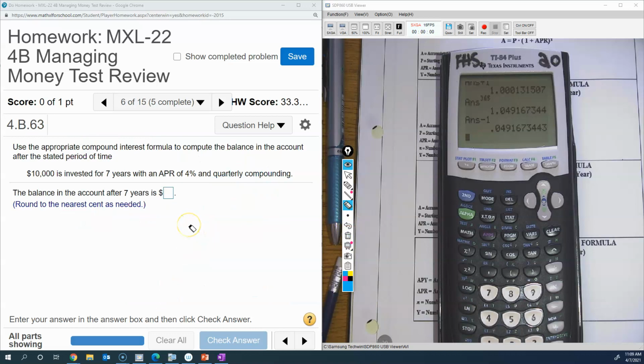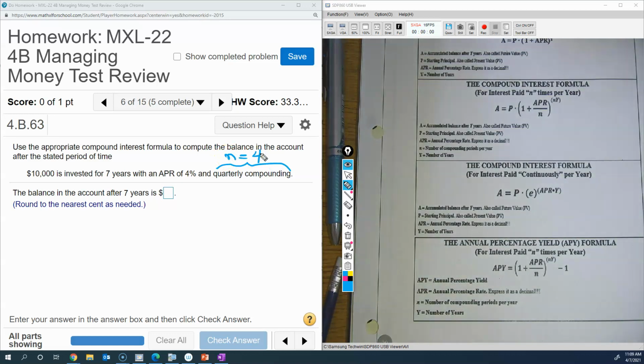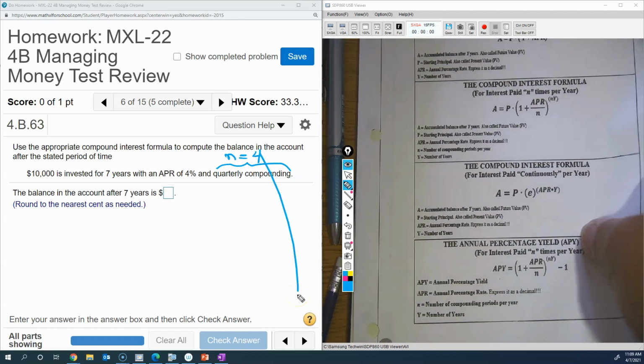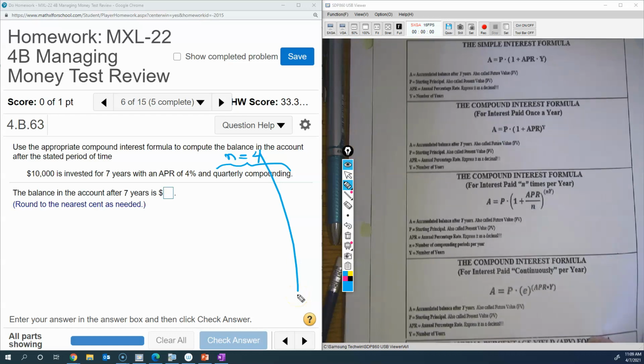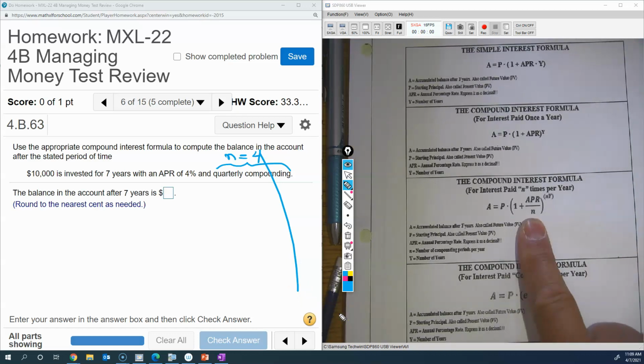All right. Use the appropriate compound interest formula to compute the account balance after the stated period of time. So let's see. Quarterly. So N is 4. So I'm using the third formula right here.